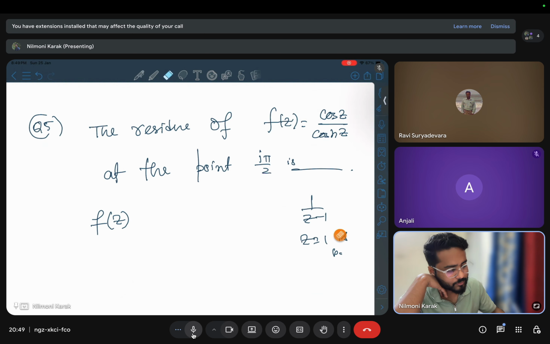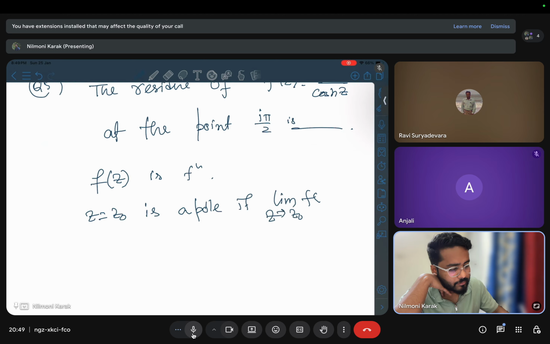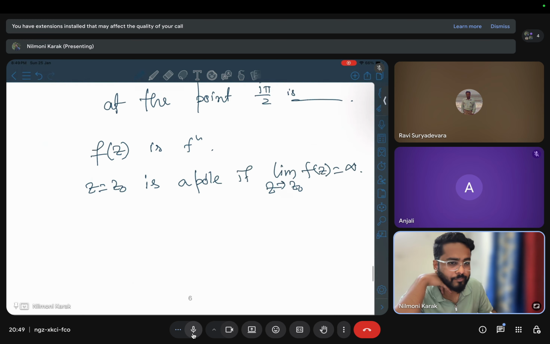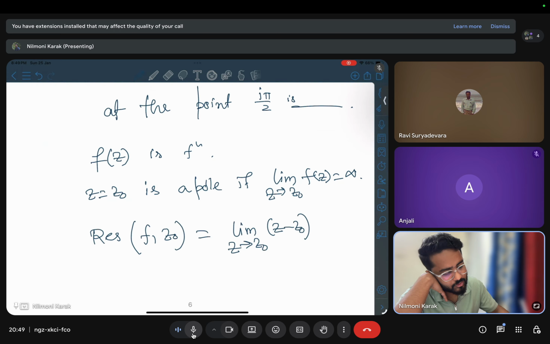So basically f(z) is a function, and z equals to z naught is a pole if limit z tending to z naught f(z) is infinity. And the residue of f at z naught is limit z tending to z naught of z minus z naught times f(z).